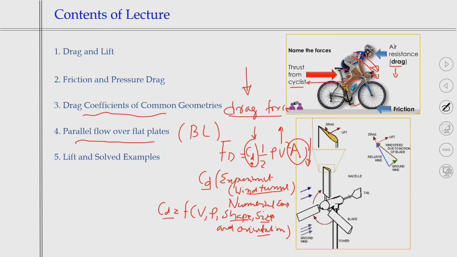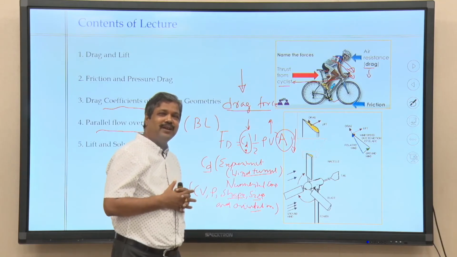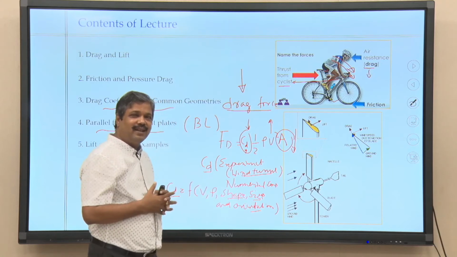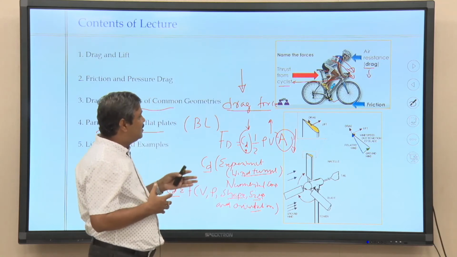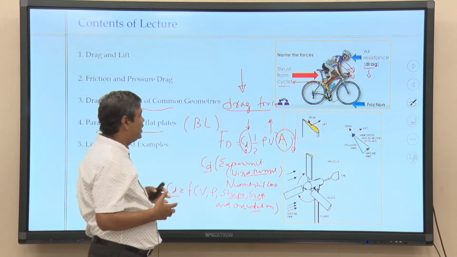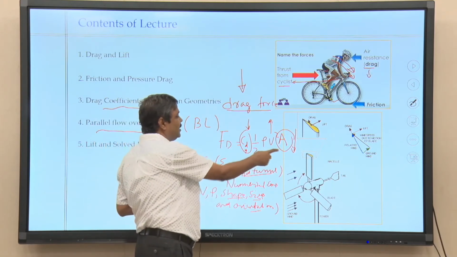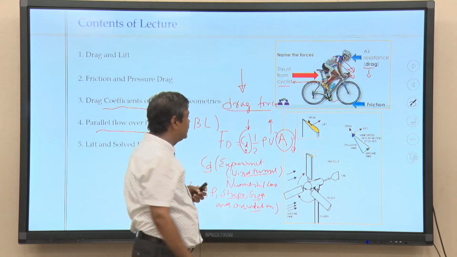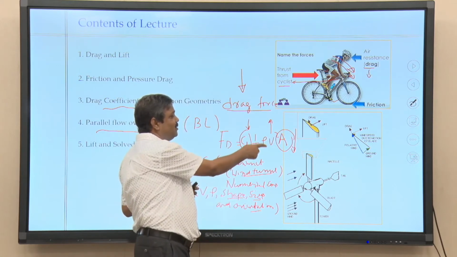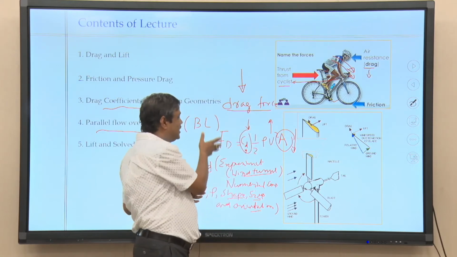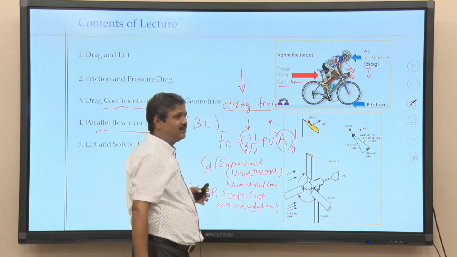So any cyclist really participating in national or international games does his level best to reduce the frontal area and reduce this drag coefficient, so that with the same force he can increase the velocity.